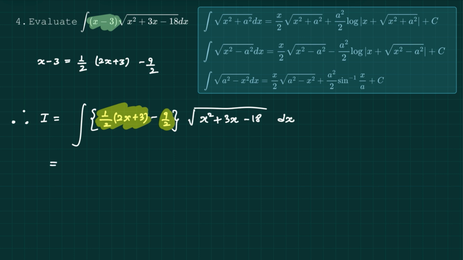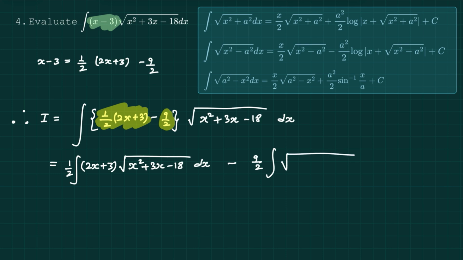So it equals integration of half is constant, (2x plus 3) square root of x square plus 3x minus 18 dx, minus 9 by 2 is constant, integration of square root of x square plus 3x minus 18 dx. So the integral has been split into two parts.